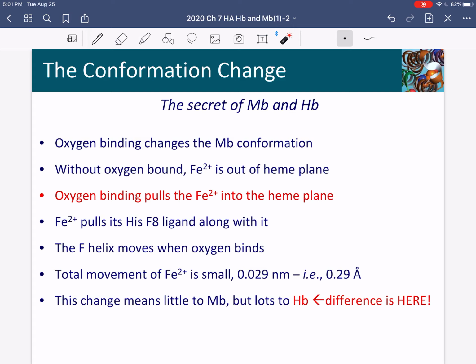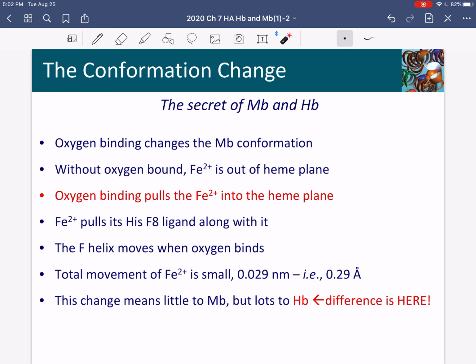And by doing that, the heme, which is coordinated above by that His F8 ligand, the fifth ligand, pulls on the histidine, which of course is part of the F helix, which means that it's going to bring that whole helix down. And so when the helix comes down, when oxygen binds, that actually causes the shift that breaks that salt bridge that I circled on the first slide, and moves those helices with respect to each other in the tetrameric hemoglobin.